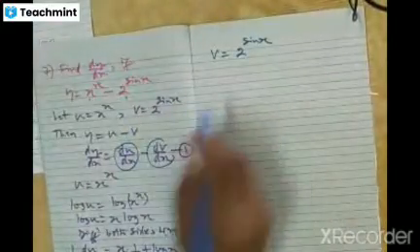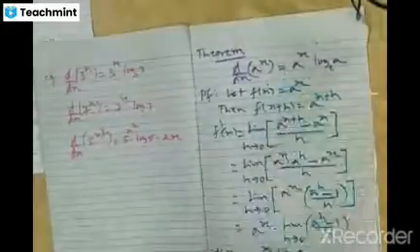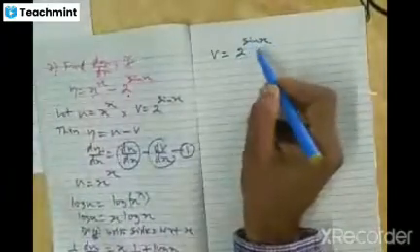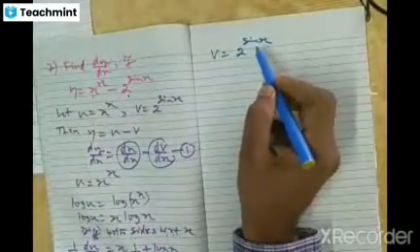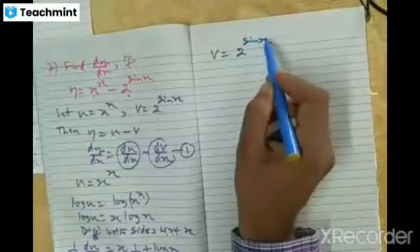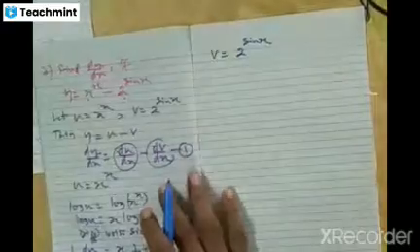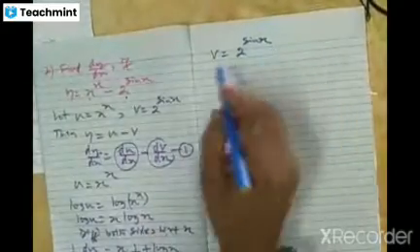I am going to use this formula directly. In place of a we have 2, in place of x we have sin x. So this is actually a composition of the functions sin x and 2 power x. So I am not going to use logarithmic differentiation to find dv by dx.